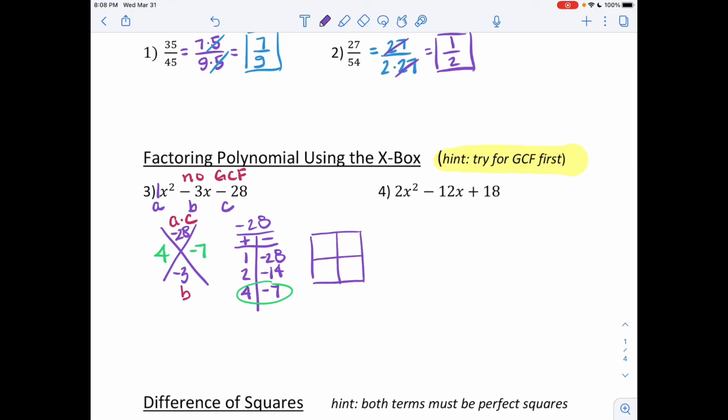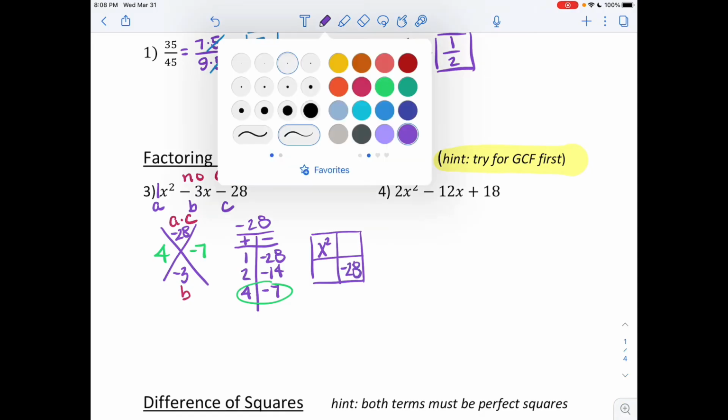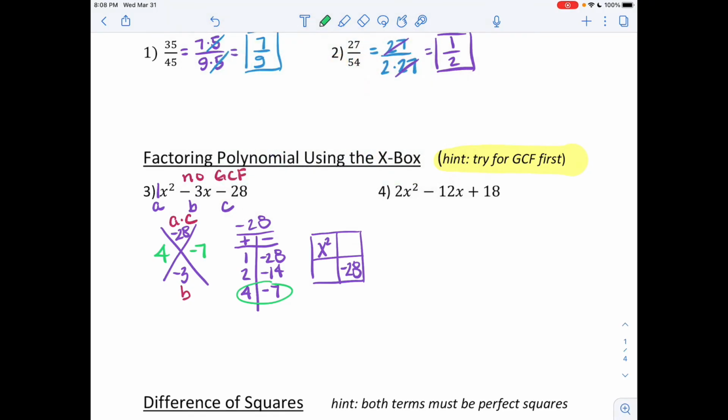Remember that our first term and last term go in the first and last spots in our box, and the two numbers that just solved our X puzzle get an X tacked onto them, and they go in the other boxes. Now let's look at a greatest common factor across the top, across the bottom, and then down the two columns.